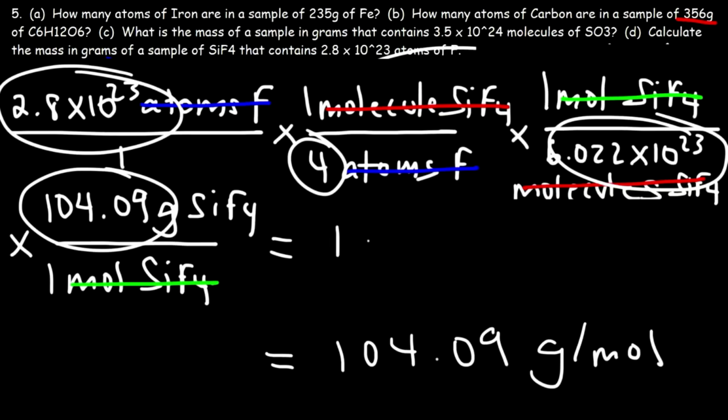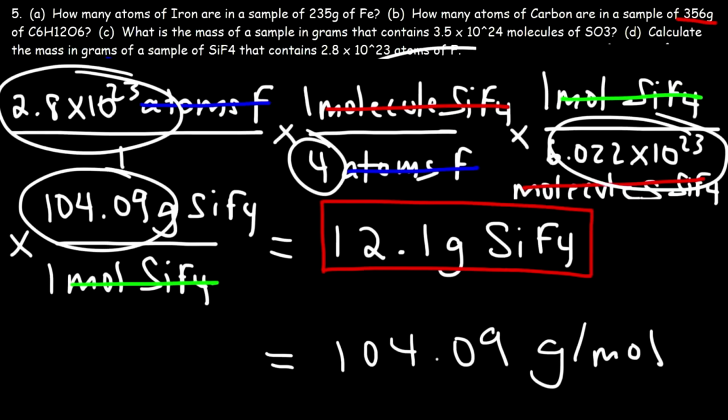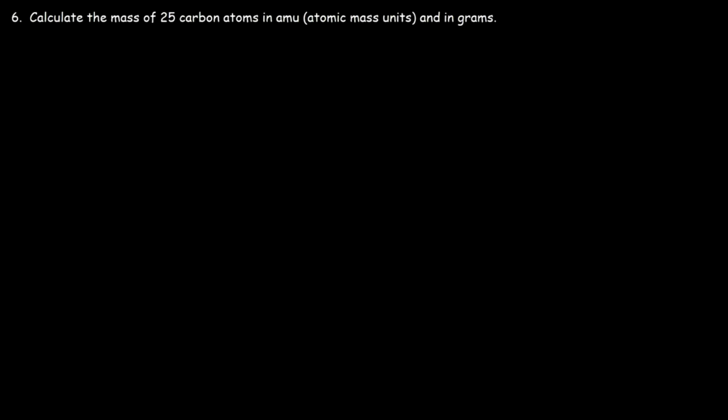So the answer that I have is approximately 12.1 grams of silicon tetrafluoride. And so that's it for this problem. So now you know how to go from grams to atoms and atoms to grams, and at the same time changing the substance from one element into a compound.